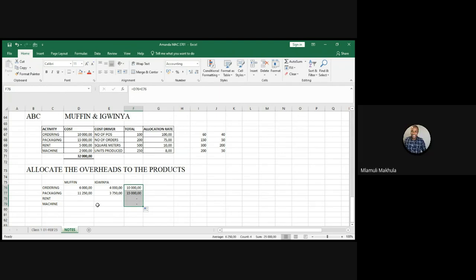And remember, with the traditional method we could have just allocated half, which is 7,500 and 7,500. Do you know why a lot of businesses get it wrong from costing? Because if we're using a traditional method, we could have allocated 7,500 each, and now you can see that the vetkoek will be overcosted and the muffin will be undercosted.